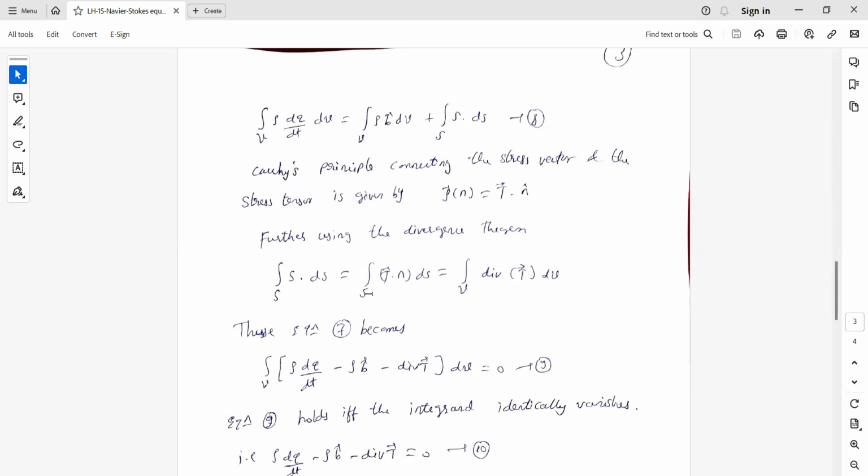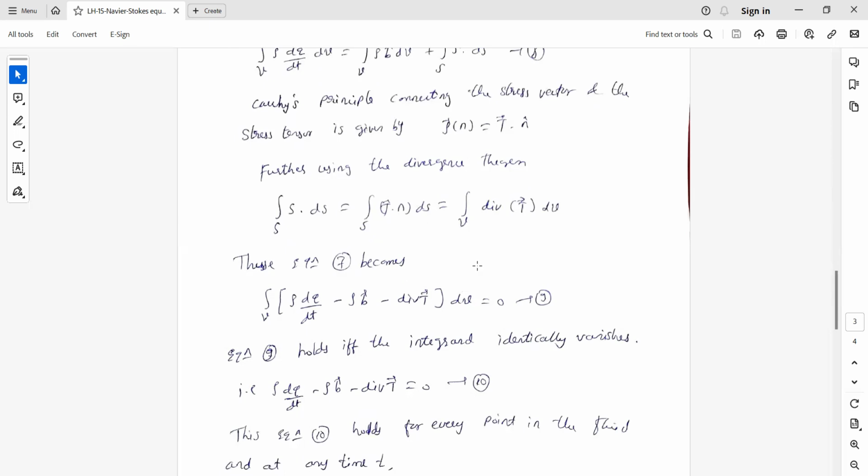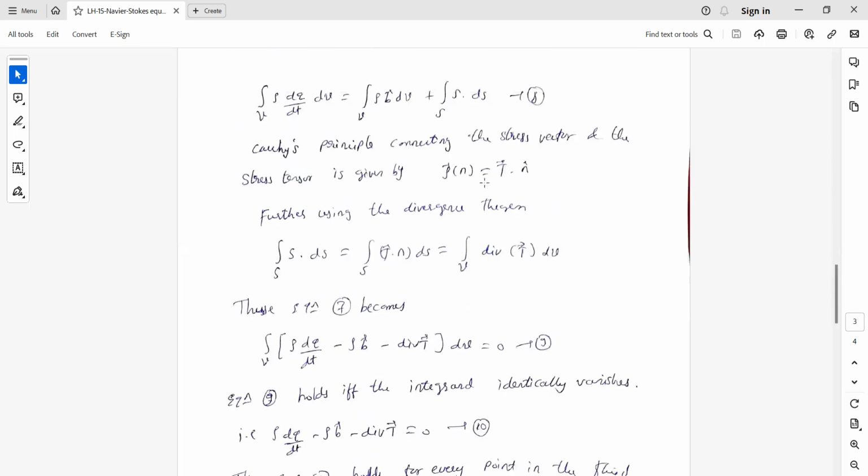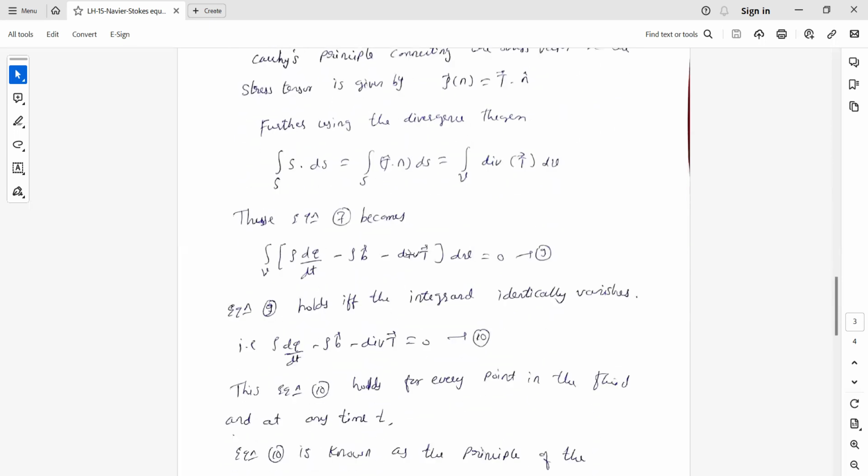Now convert this surface integral into a volume integral using the Gauss divergence theorem, so that we can write the divergence of T. Substitute this in equation number 8 and bring all the terms to the left side, so that you get the integral over V of rho dq/dt minus rho b minus divergence of T, dv, equal to 0.